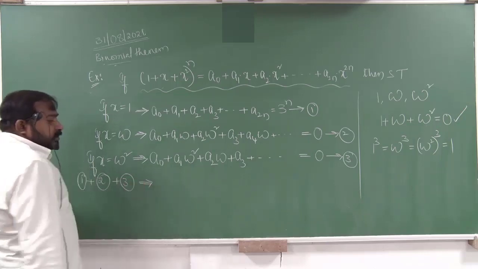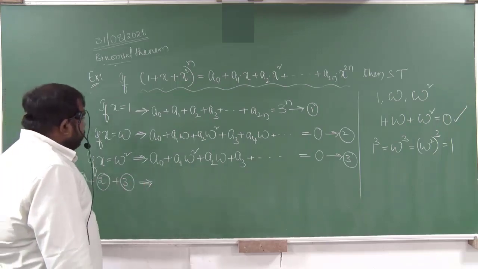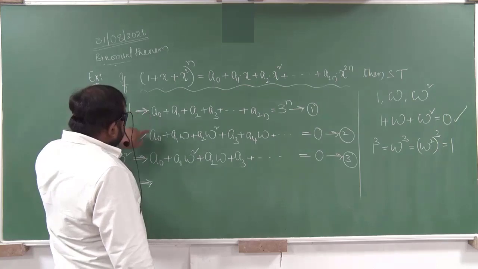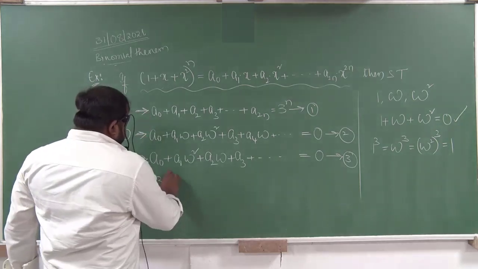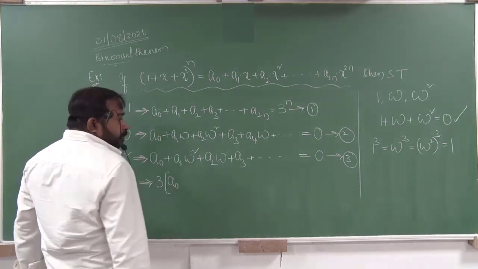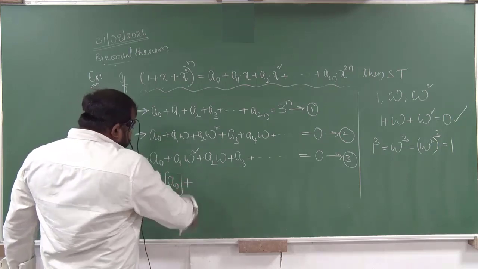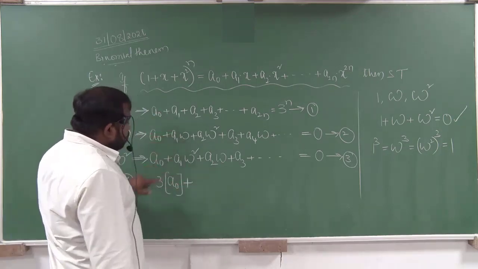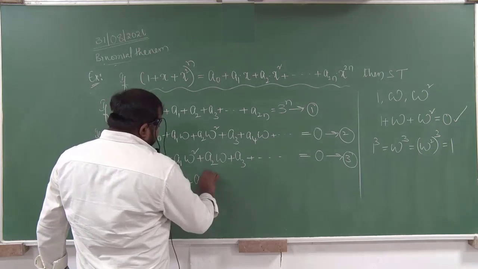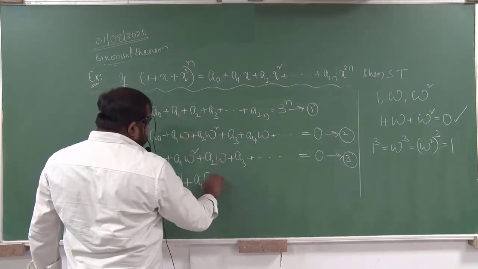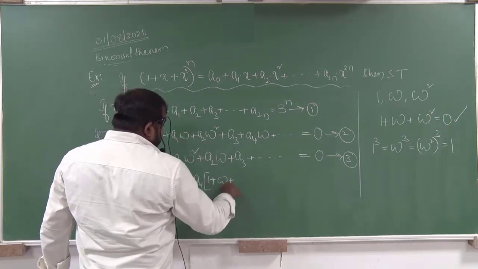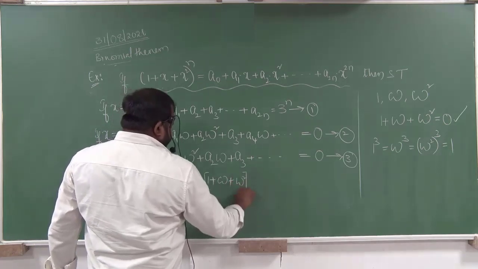Now 1 plus 2 plus 3, these 3 equations, add them. If I add them, listen. a0 plus a0 plus a0, 3 times a0 I can get. This is the first value. Plus, if you add these a1 terms, here 1, here omega, here omega square you will get.